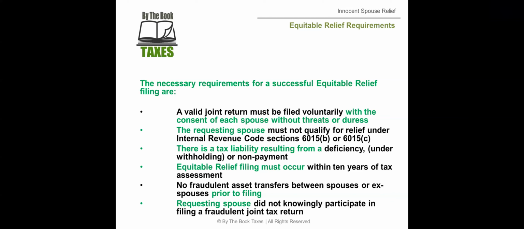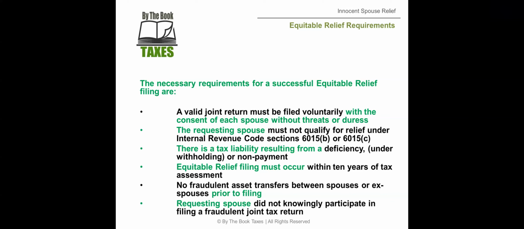You have up to 10 years from when the tax was assessed, basically the entire statutory period that the IRS has to collect the tax, to do the filing. So once the IRS can no longer legally collect the tax from you, then you can't file for relief. But as long as you're within those 10 years, you can.